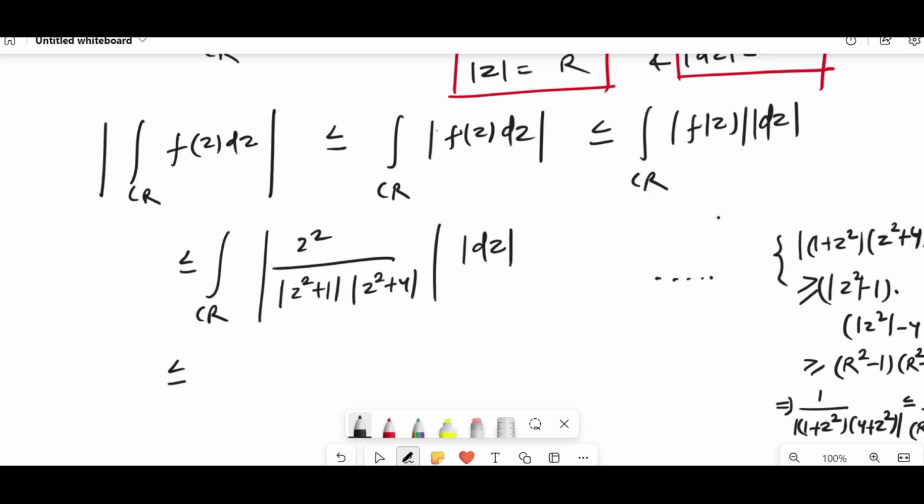So this value, after putting the polar form, where the angle varies from 0 to pi, is R square over R square minus 1, R square minus 4, R d theta.